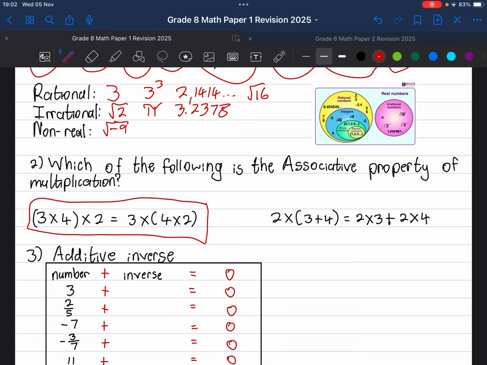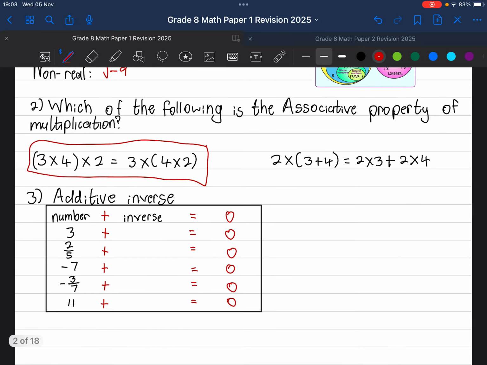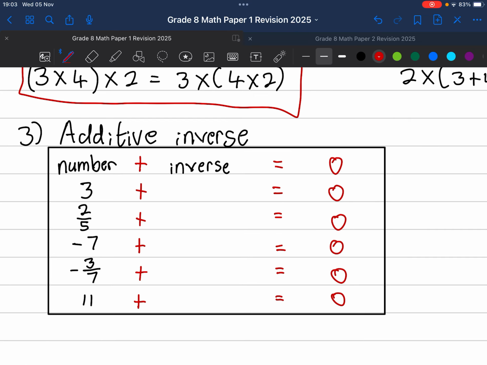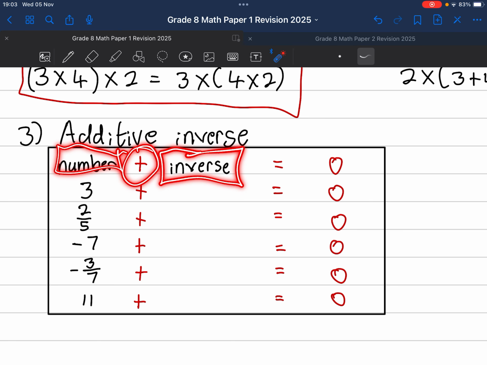The next part is additive inverse, where we are required to find the additive inverse of the following numbers. The question is simple. We need a number that makes the statement true, because by definition a number plus its additive inverse has to equal 0.